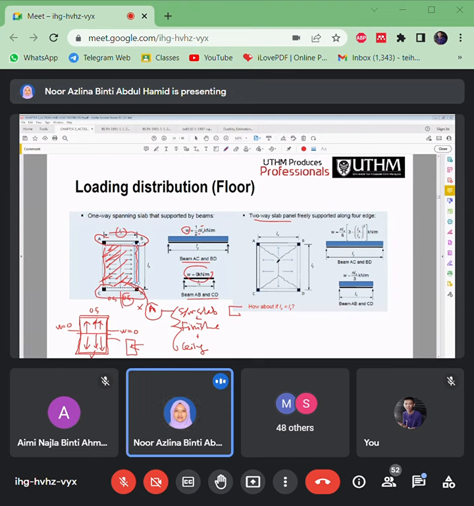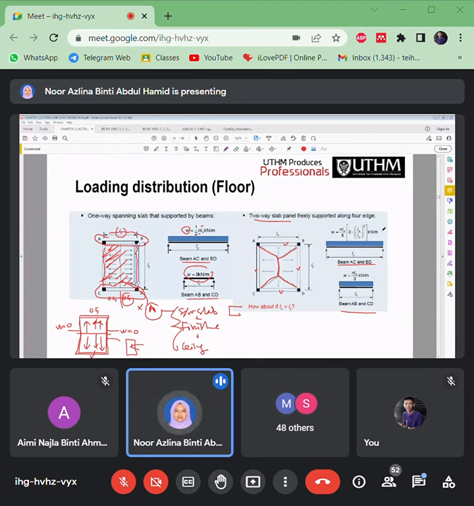Beam AC and beam BD will carry the load from this trapezium area. Beam AB and beam CD will carry the load from this triangle here.